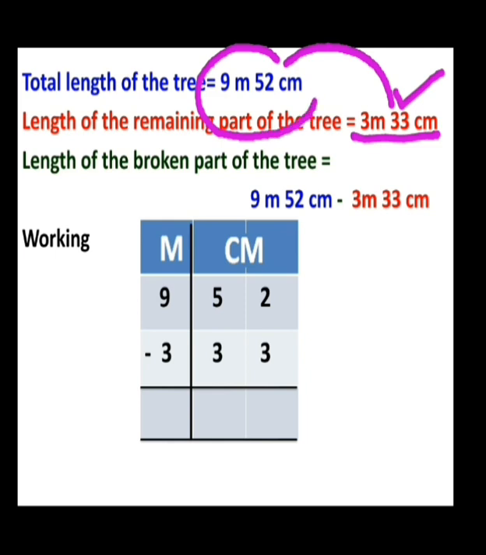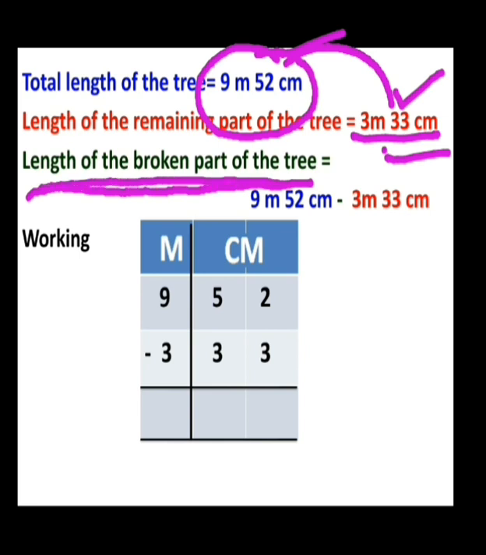Previous length means the total length of the tree without removing any of its part. So in order to find out the length of the broken part of the tree, we will subtract the present length, children, from the previous length. So children, let us subtract it in order to find out the length of the broken part of the tree.